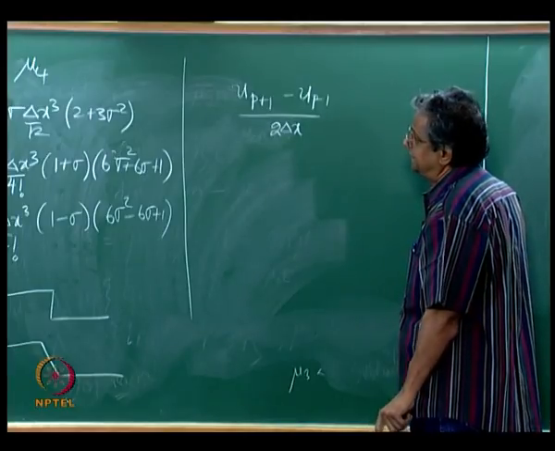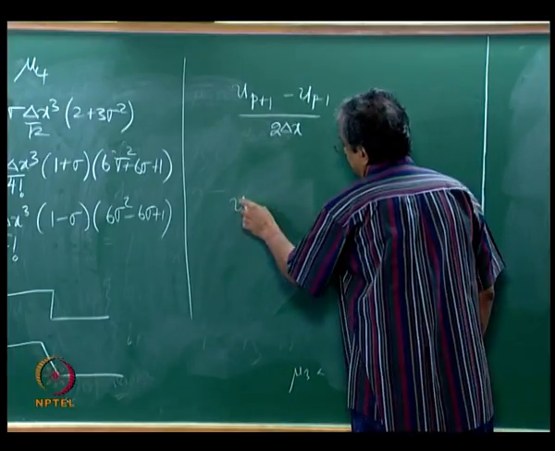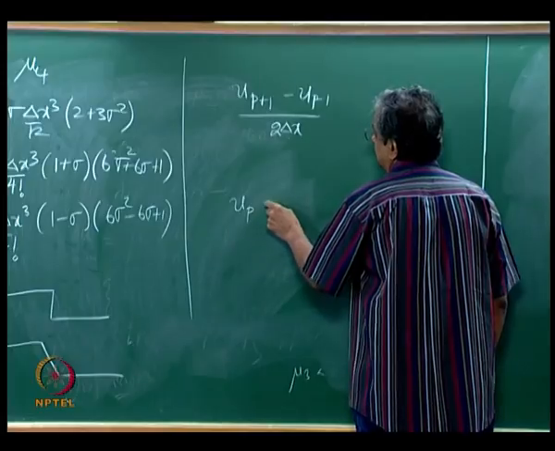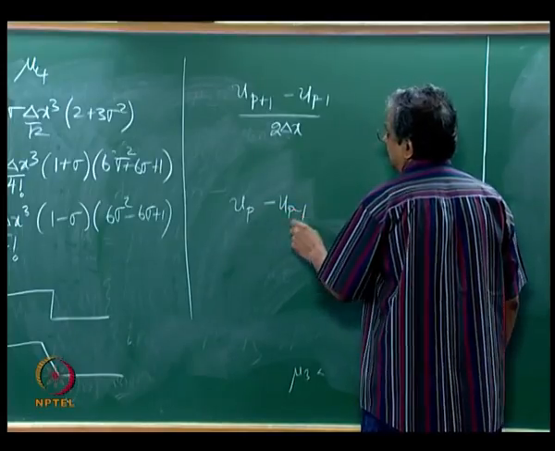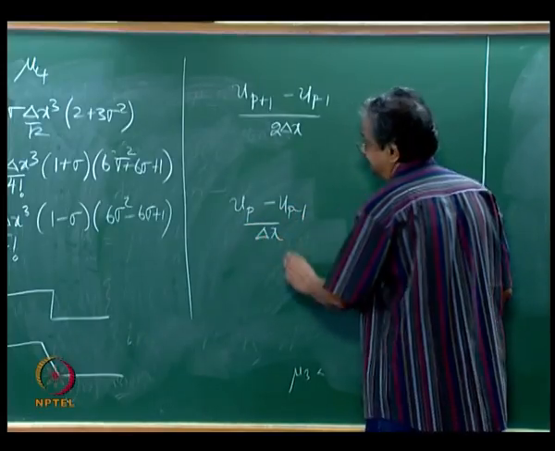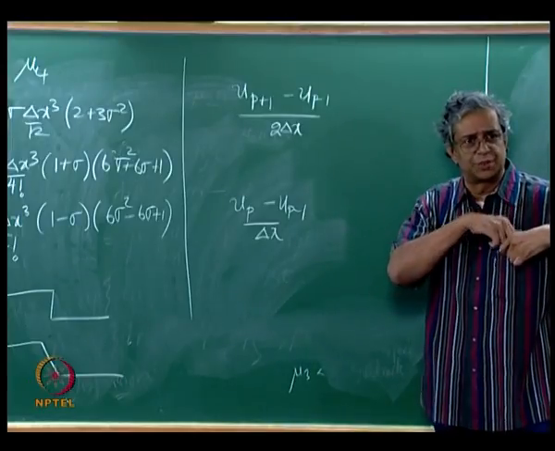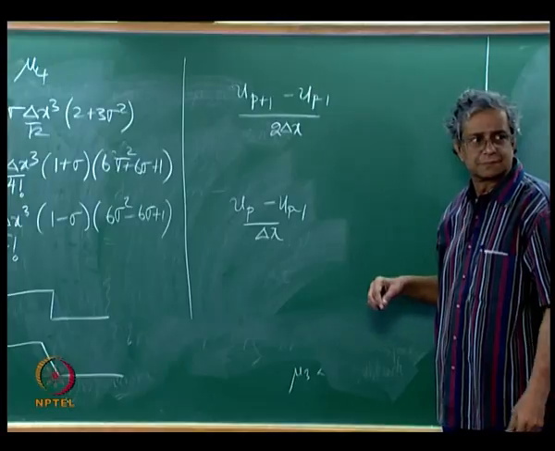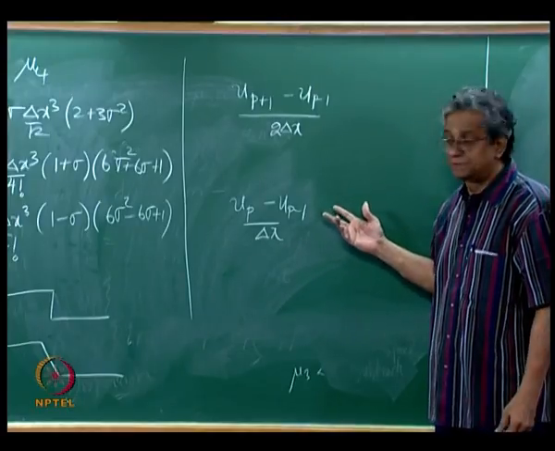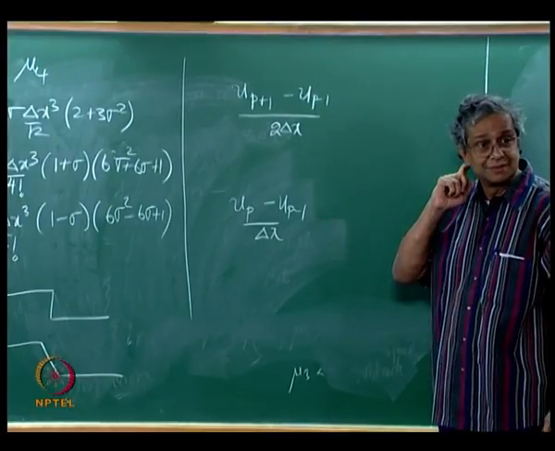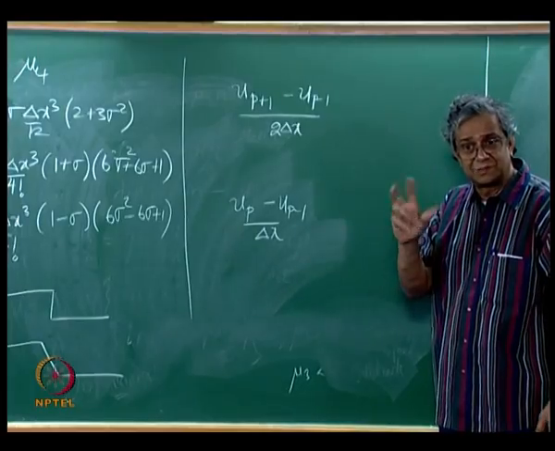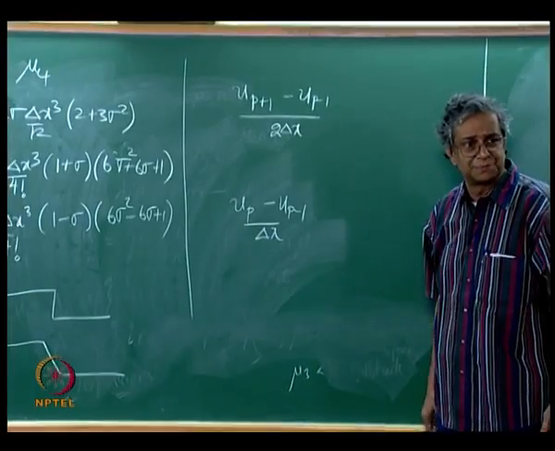And in the case of FTBS, what you have is a times u at p, time level q, minus a times u at p minus 1, time level q, divided by delta x. Really, between the two schemes, that is the only difference, and the modified equation changes in the sense that the sign of the second derivative term changes.